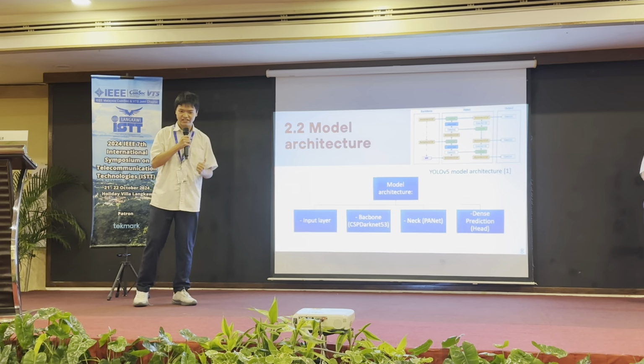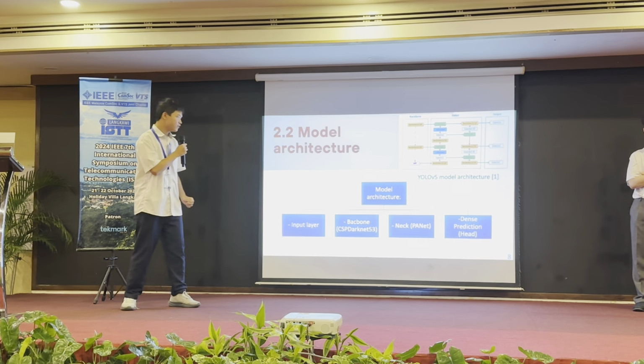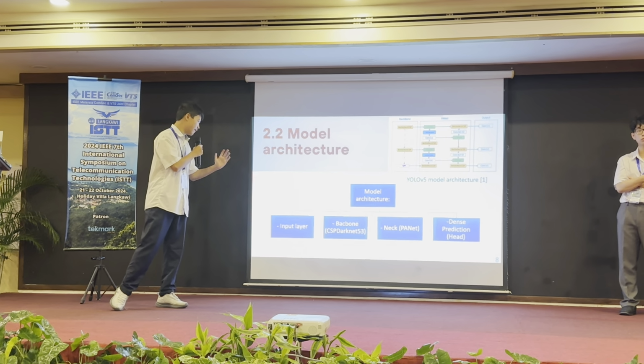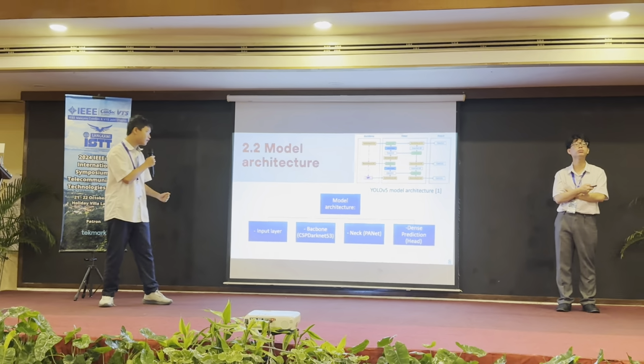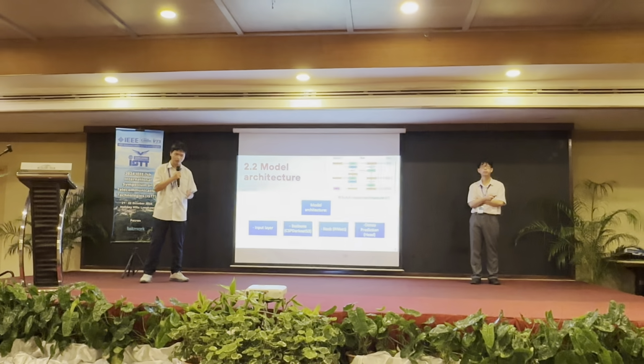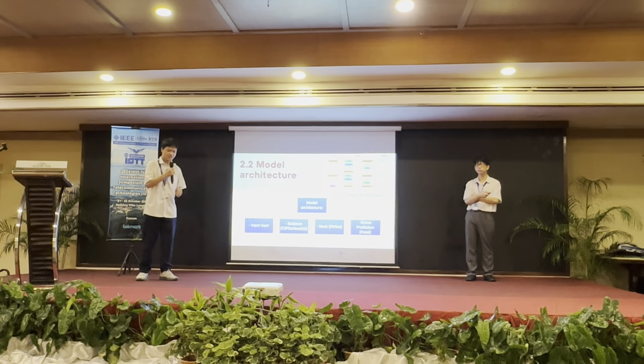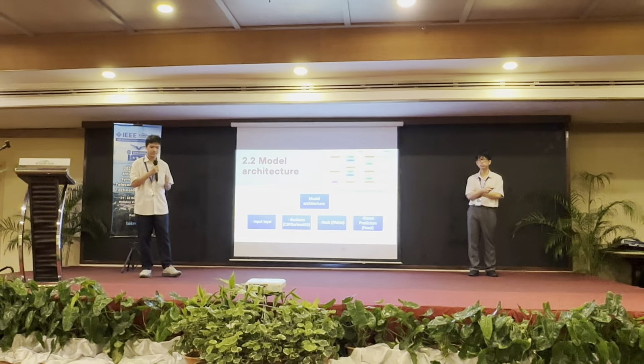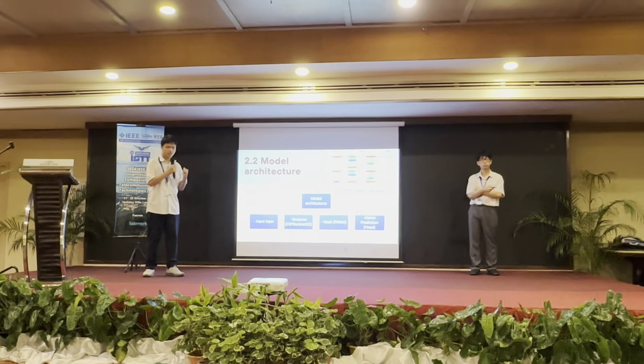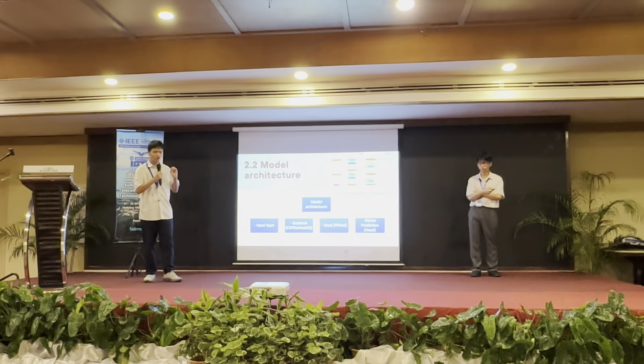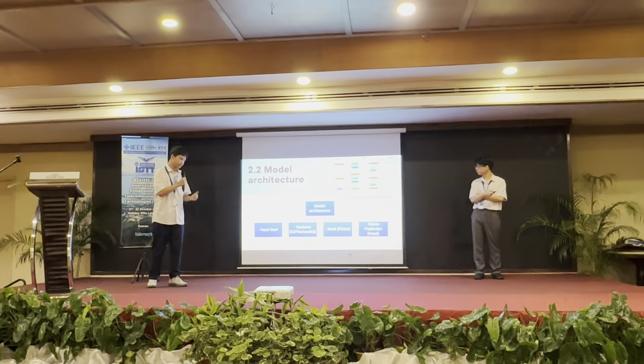So what is the architecture of this model? If you look at this, I have divided it into 4 main parts. First of all, the input layer is really simple. The input image is divided into 416 square pixels, and each cell contains a potential object of the image.